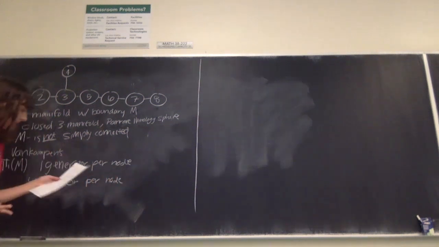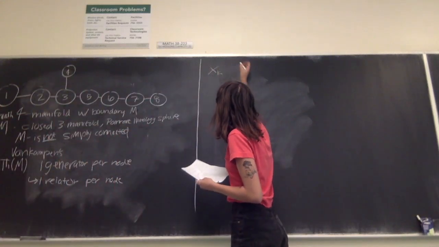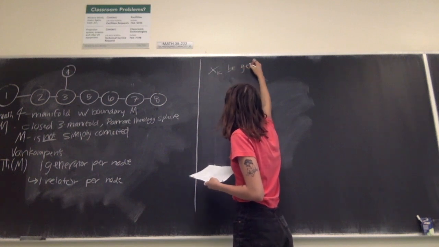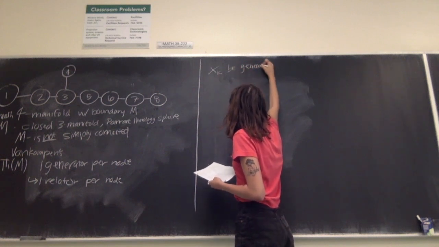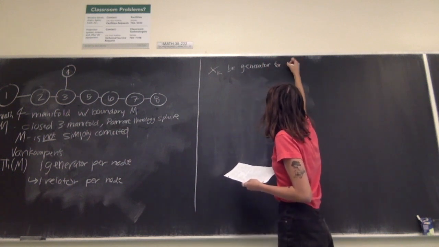So with that information, let x_k be the generator that corresponds to the kth node.